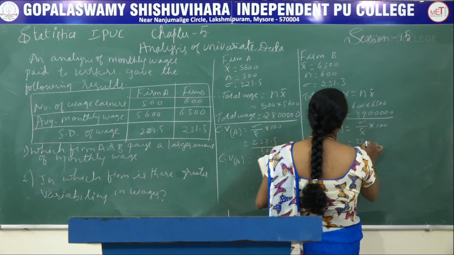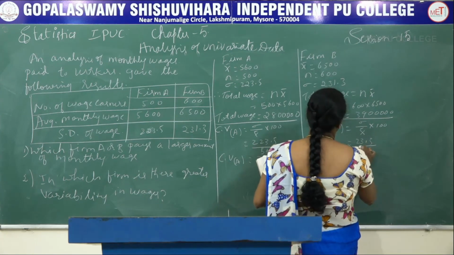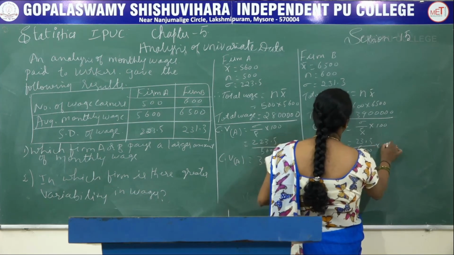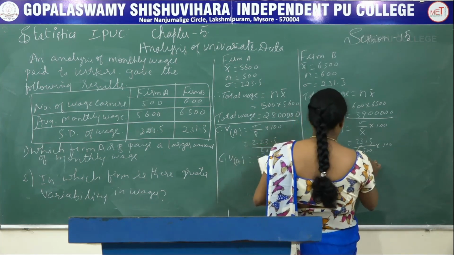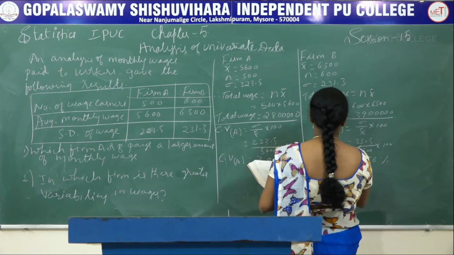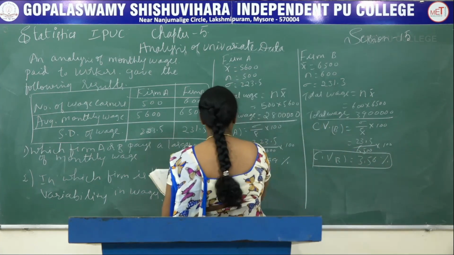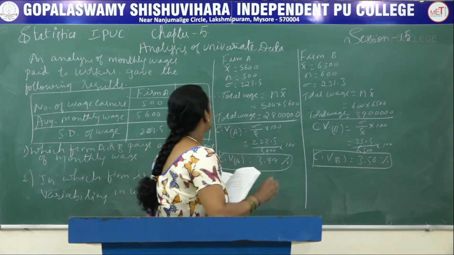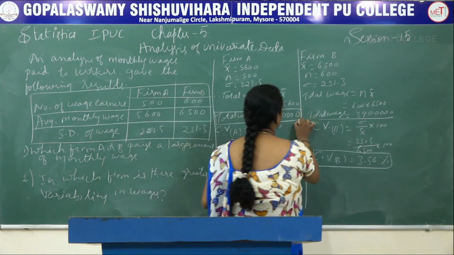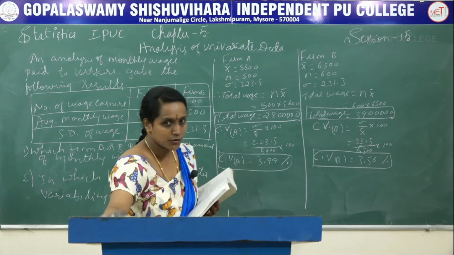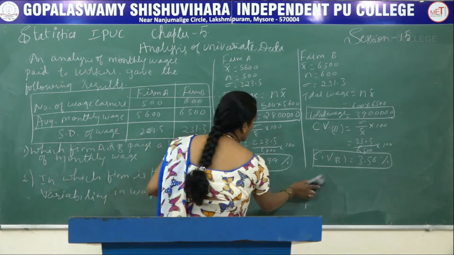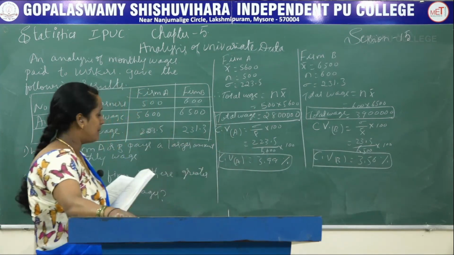This is 231.3 divided by 6500 into 100. So CV for firm B is 3.56%. Using these total wages and this CV, we have to write the comment.